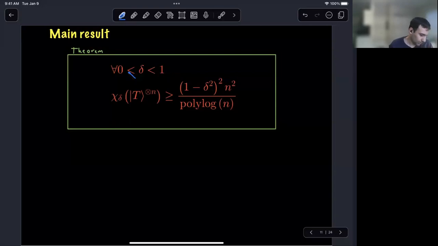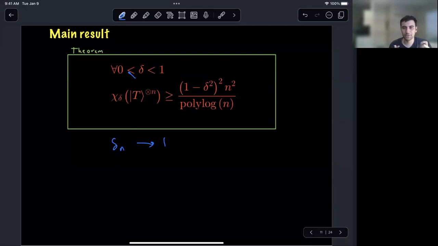Just one more remark that I want to make here is that even for delta n going to 1 with some appropriate speed, it shouldn't go to 1 very fast, this result is still correct, but it wasn't very interesting.